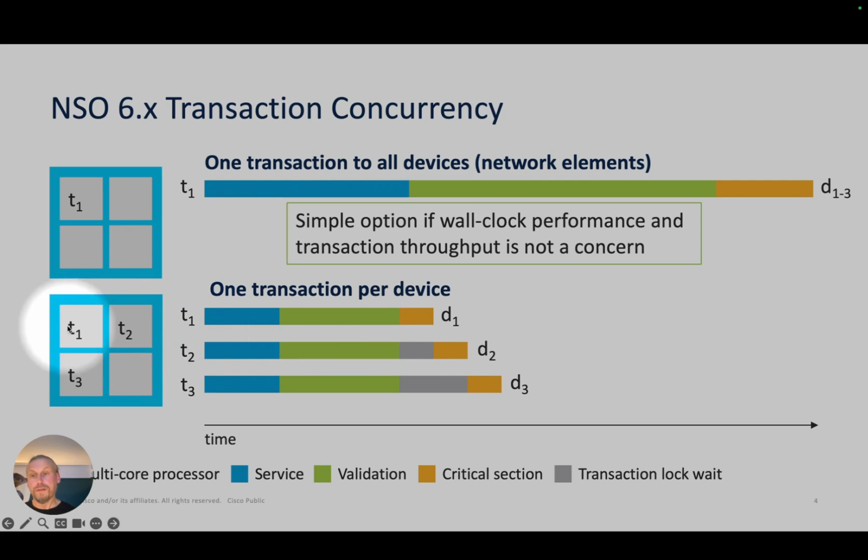You can then utilize the multi-core processor and use one core for each, which NSO will do if you do this concurrently. You will concurrently go through the service and validation stages, and then come to the critical section where the transactions will have to wait for each other, but you want to minimize that, of course, by, for example, using commit queues, as we mentioned in the previous slide.